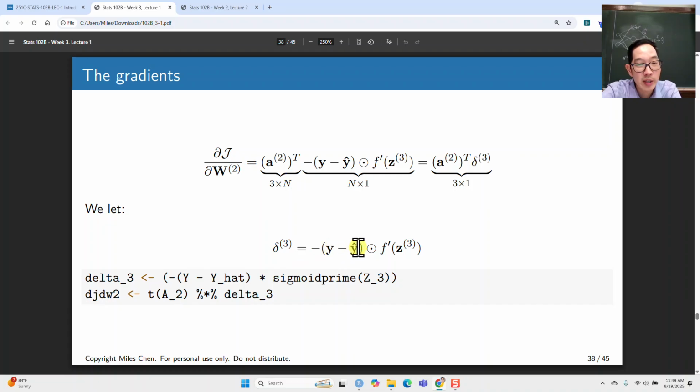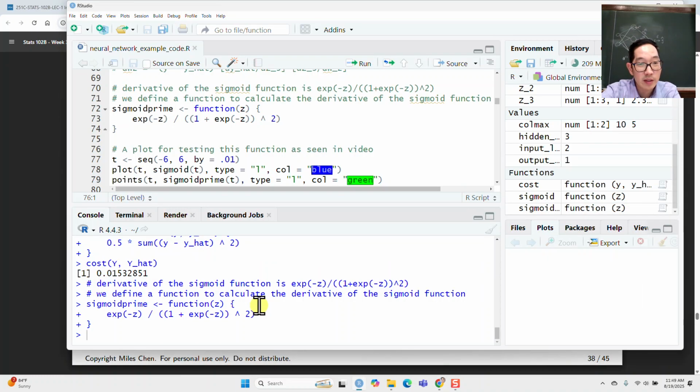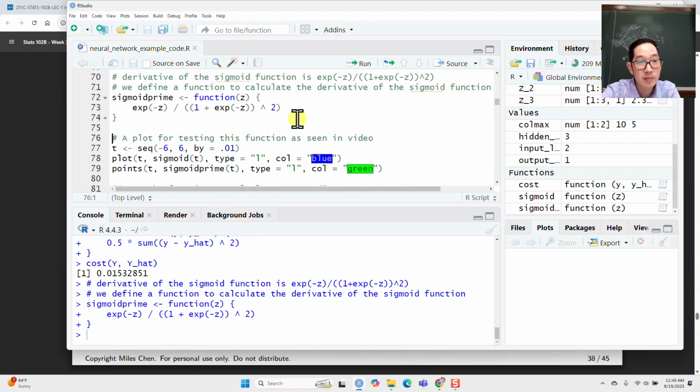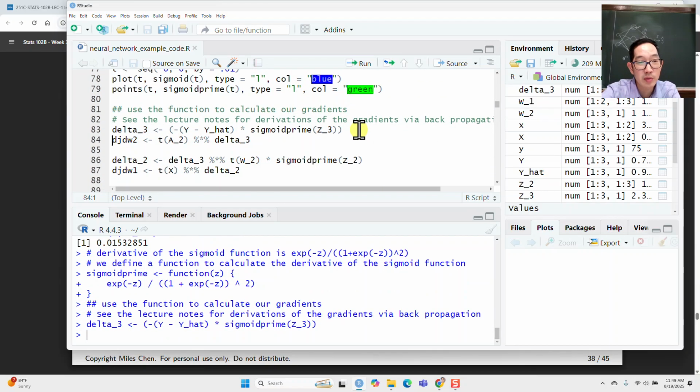I got Y minus Y hat, element multiply, and in R, element-wise multiplication when you have two vectors is just the star, and so I'll have that multiplied by f prime Z3, and that works out right there.